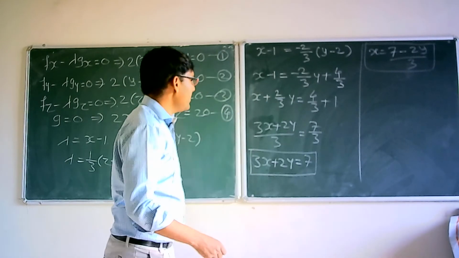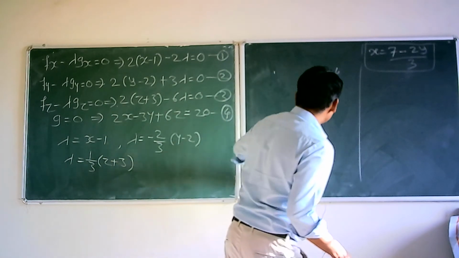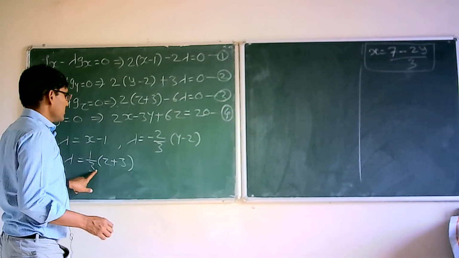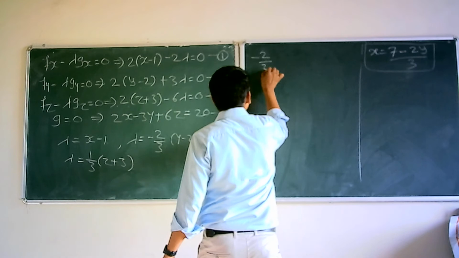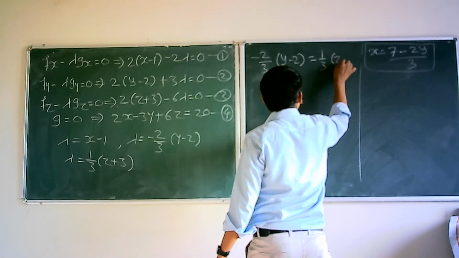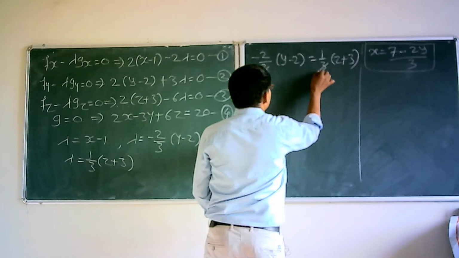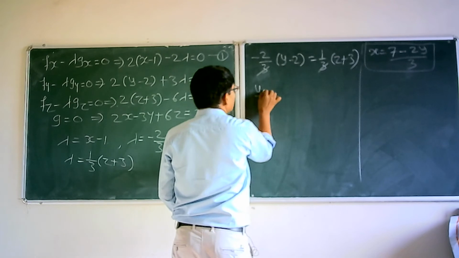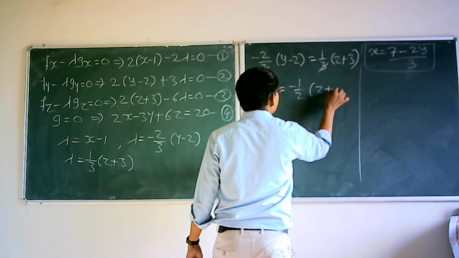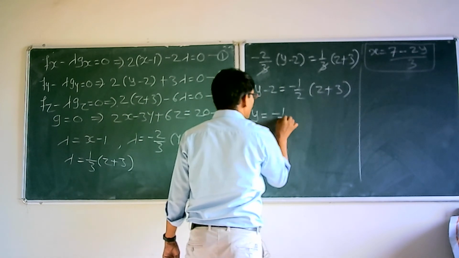Similarly, consider the second and third equation: minus 2 by 3 y minus 2 is equal to 1 by 3 z plus 3. The 3 gets cancelled, and y minus 2 is equal to minus 1 by 2 z plus 3 by 2.